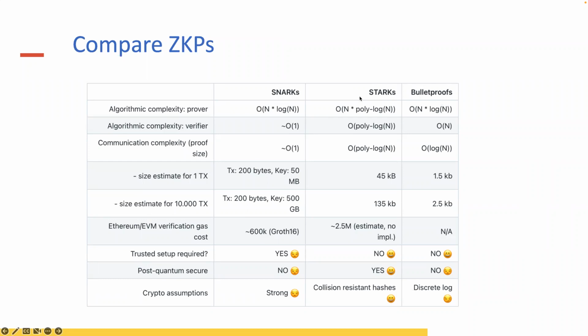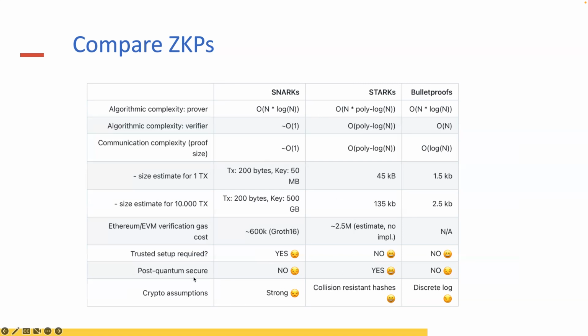You may also have heard of a Stack, where the N in Snark stands for non-interactive, and Stack is transparent. But we don't have to get into that. The basic idea is you have different ways to do zero knowledge, and they all have different trade-offs.